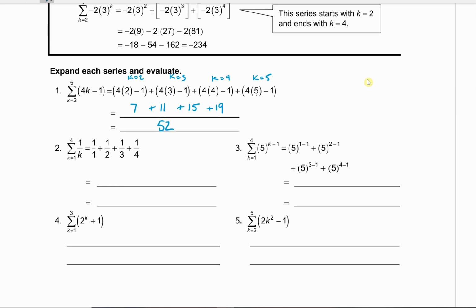Number 2, from k equals 1 to 4 of 1 over k. So this is the first, second, third, fourth term. We're just going to add those up. That's going to be 1 plus 1/2 plus 1/3 plus 1/4. Now when you're adding fractions, you've got to have a common denominator, or you've got to be able to use your calculator.